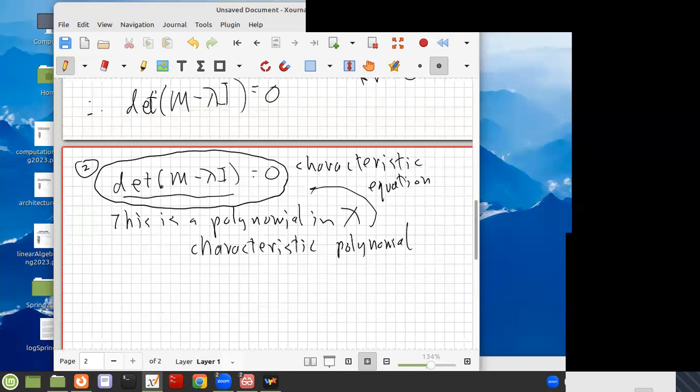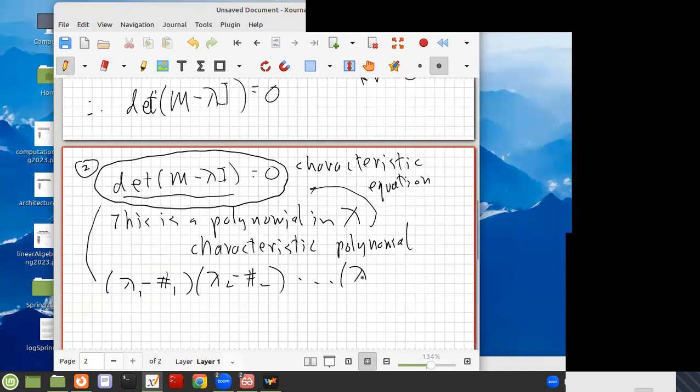That means over the complex numbers there's going to be n roots, and we can factor it into a form like lambda minus number 1, lambda minus number 2, dot dot dot, lambda minus number n equals 0, because it's a polynomial, and over the complex numbers there's a theorem that says I can always factor that polynomial into these terms.